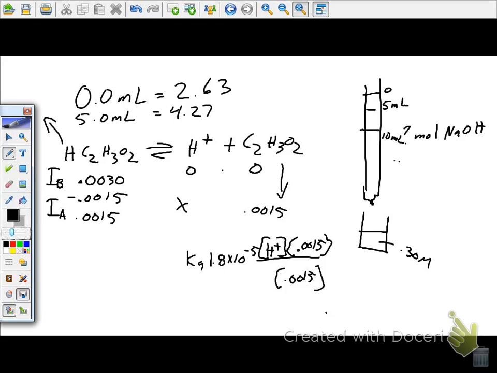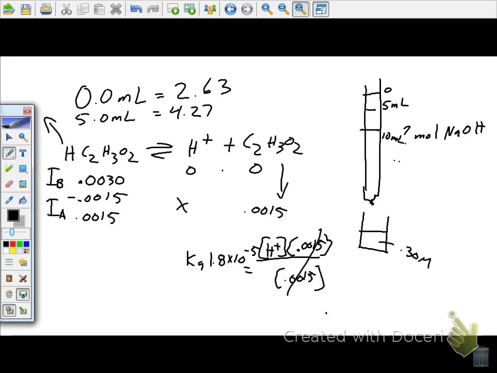Those cancel out, right? So go ahead and solve for the pH. If you know it's a halfway titration point, all you have to do is take the minus log of the Ka and you've got your answer.